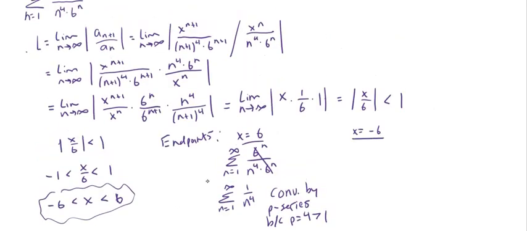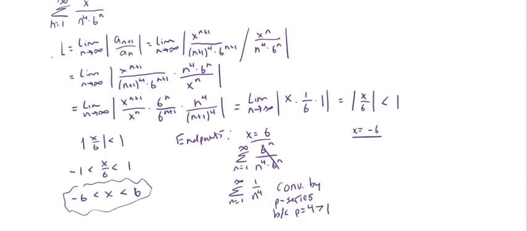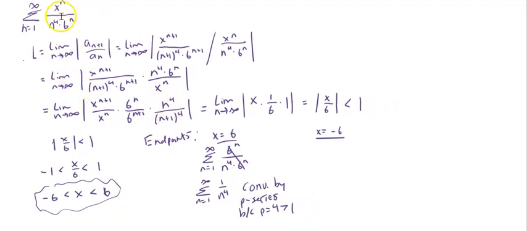This one, I'm going to plug x equals negative 6 into this x value right here. This one's a little bit more work. This gives me sigma n equals 1 to infinity of negative 6 to the n over n to the 4th times 6 to the n.